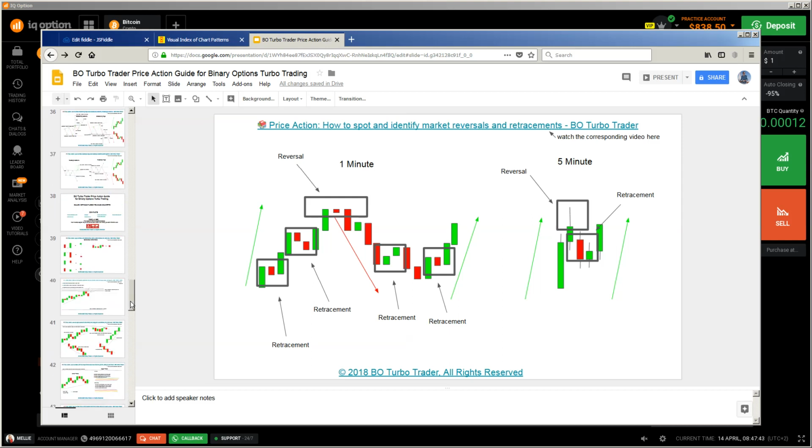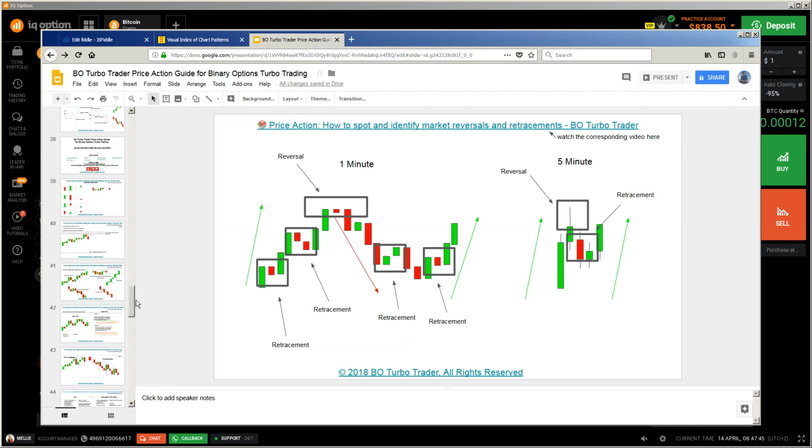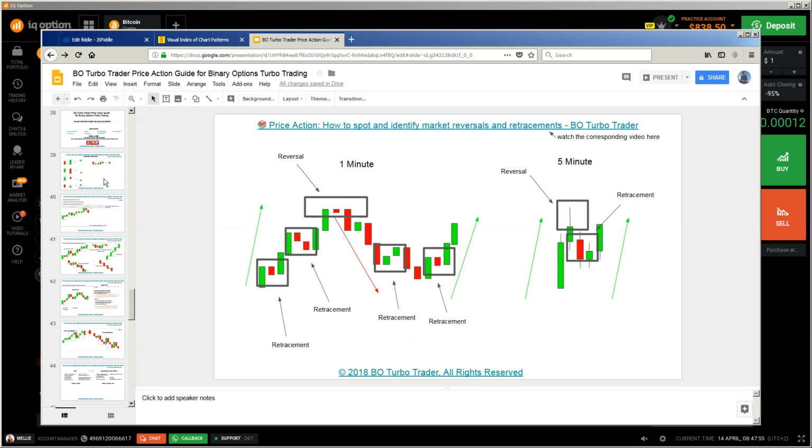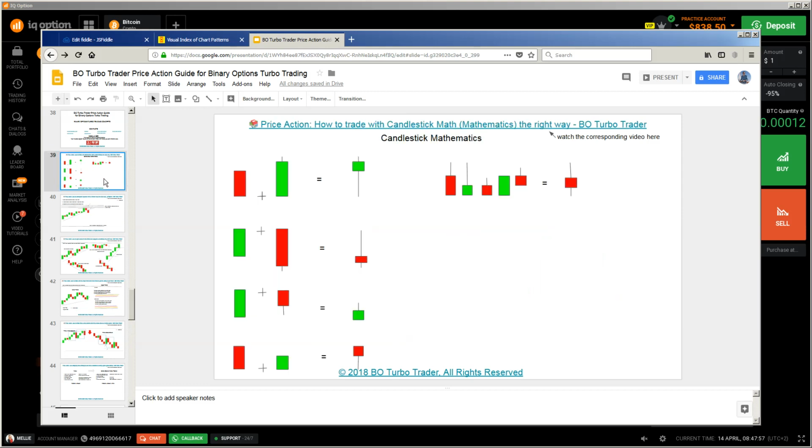But first of all, before I talk about the trading setups which I have explained in this ebook, I have to show you the basics, the fundamentals, and those are the ones here. The candlestick math. Watch the video about the candlestick math. It's important because candlestick math is crucial to understand what the big boys see.